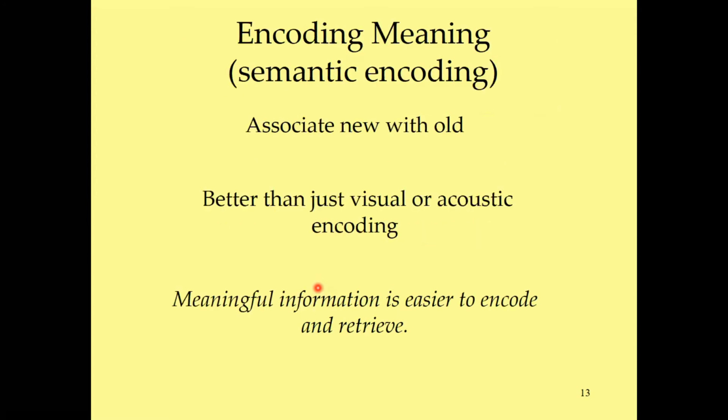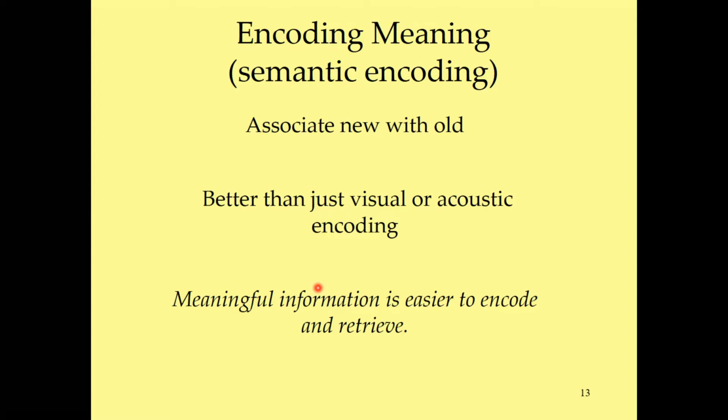Okay, so let's talk a little bit about encoding the meaning associated with information, semantic encoding. How do we do this? Well, we associate new information with old information that we have stored. And so when we store the meaning as well as visual or sound information, we tend to remember things better.